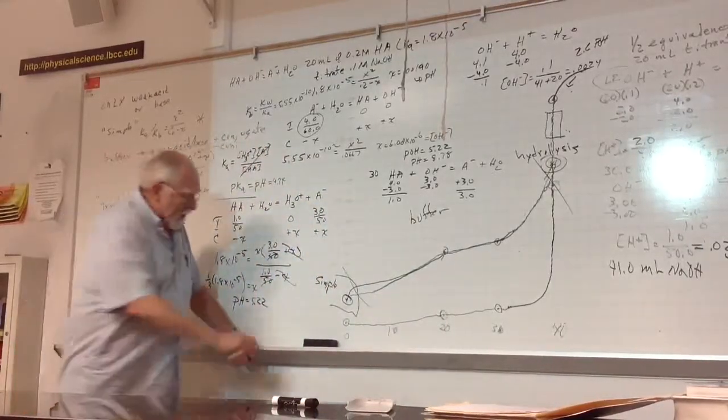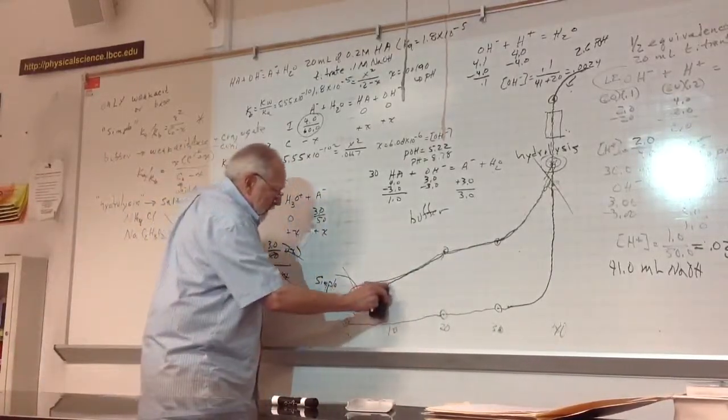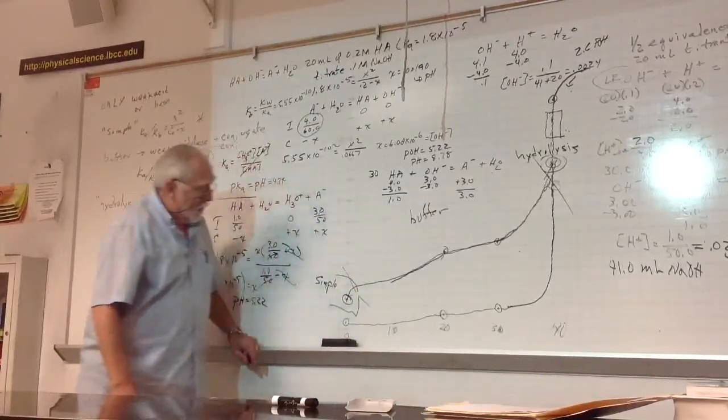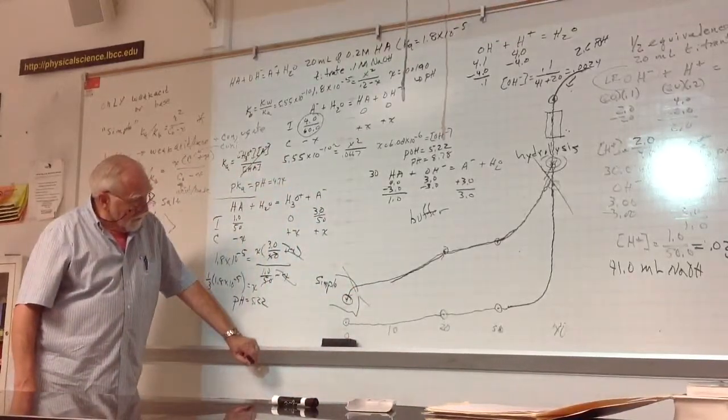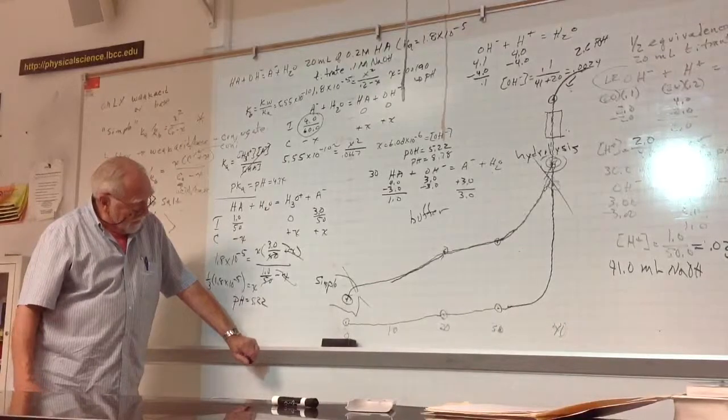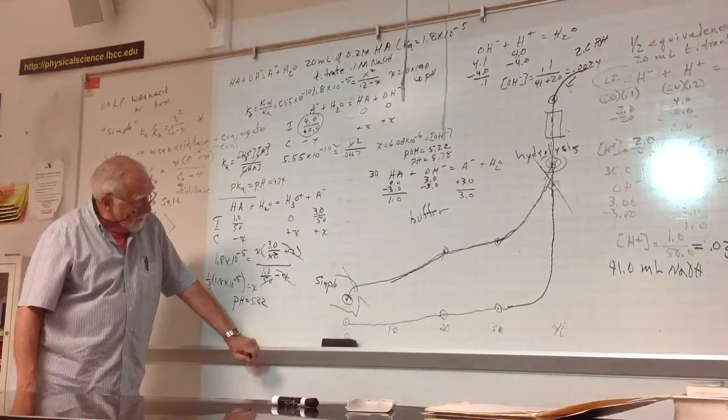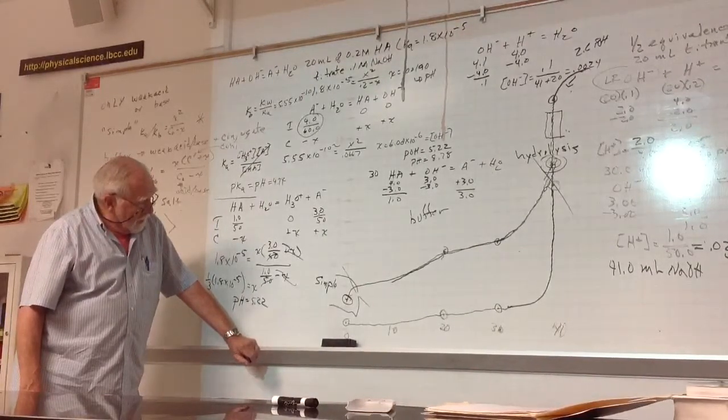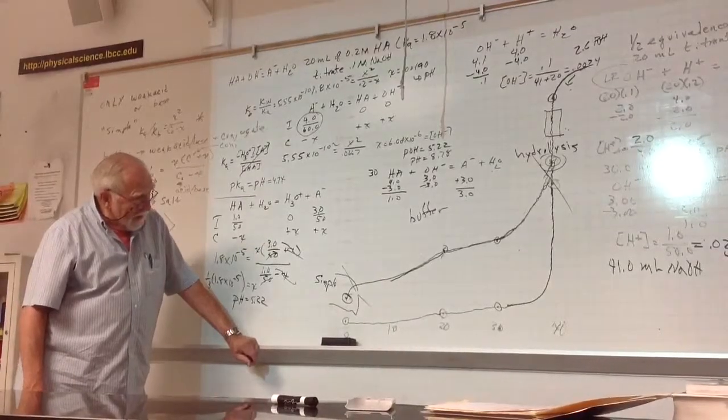It has more of a shallowness to it. So this is the titration curve you get from a weak acid with a strong base. Polyprotic acids, how does that work?